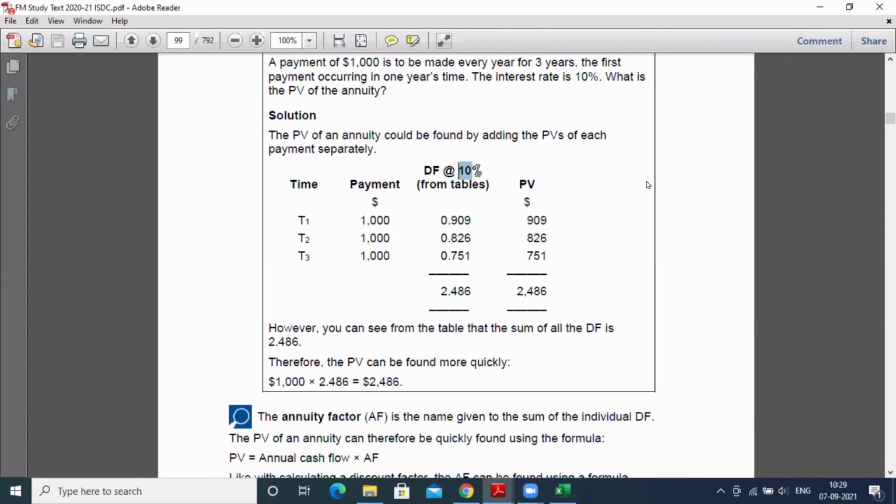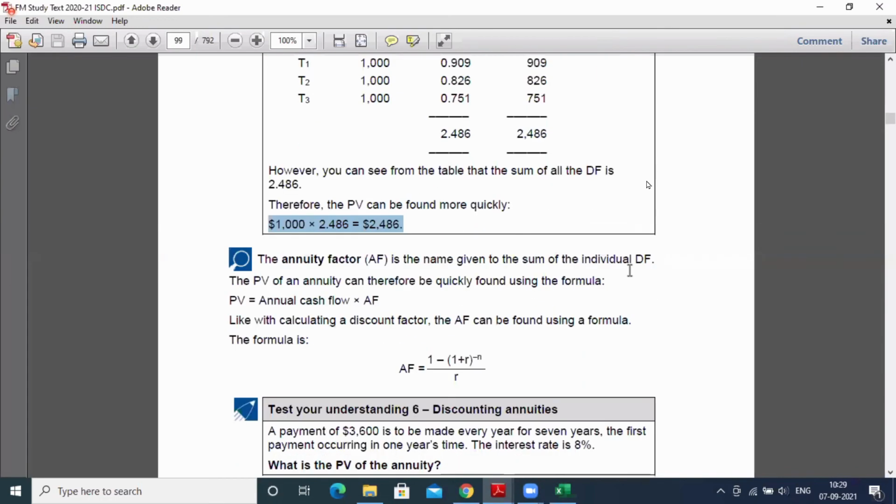Suppose at 10% the annuity value is 2.486. So 1000 into 2.486, you will get 2486. It means if the cash flow is uniform, directly you can refer to the annuity table and calculate. I hope you understood it.